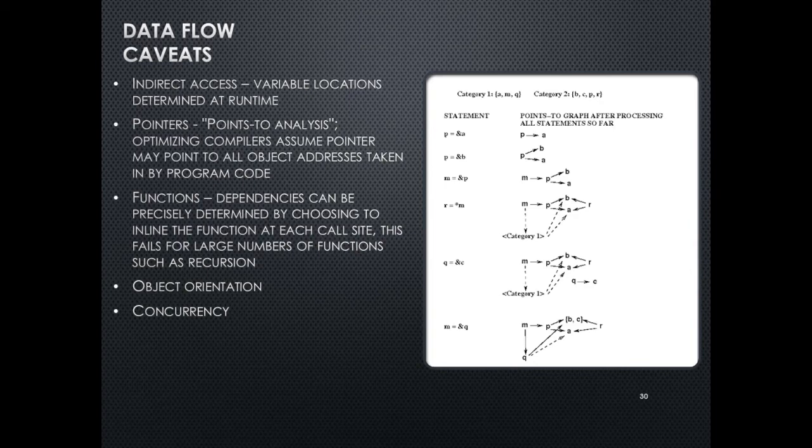Functions are another data flow caveat to these programs. Dependencies for a function could very nicely be determined if you choose to inline the function at every call site, each and every call site. But for large programs, and we're typically talking about large programs, this kind of falls apart.